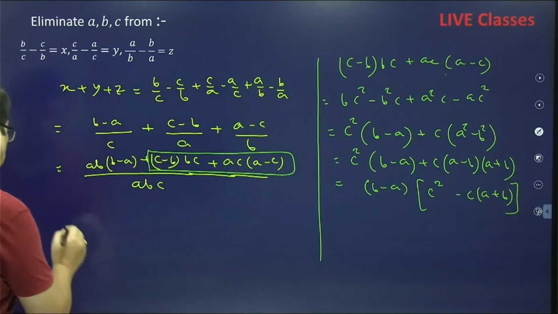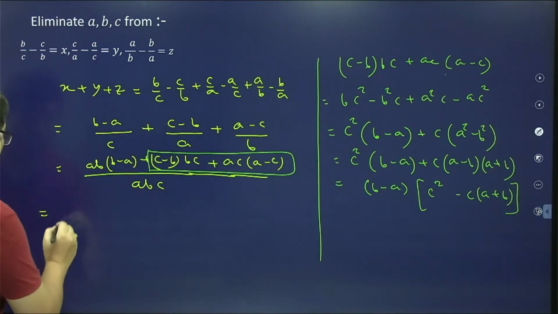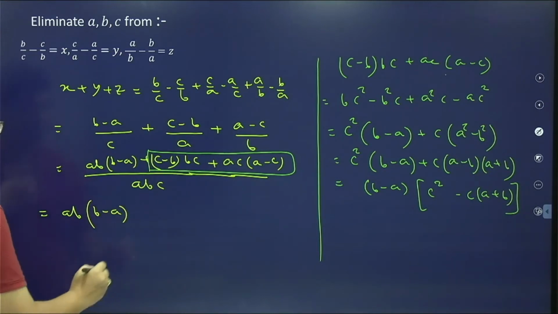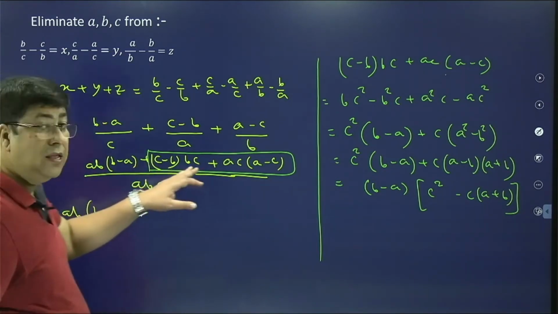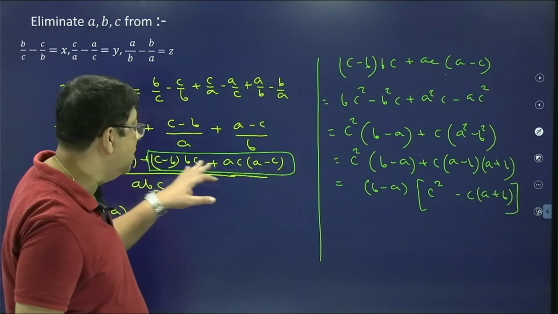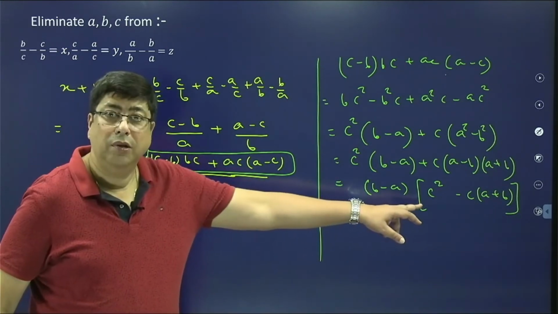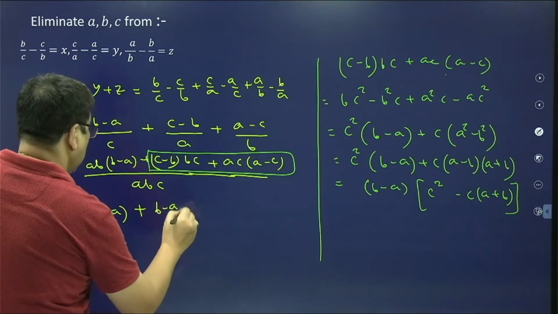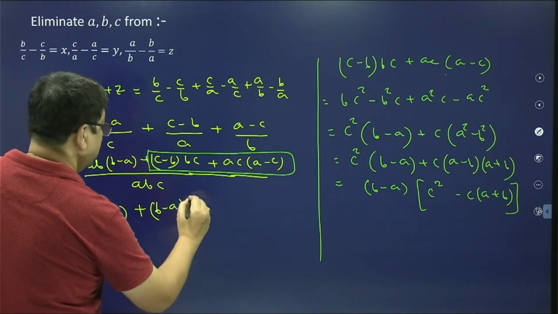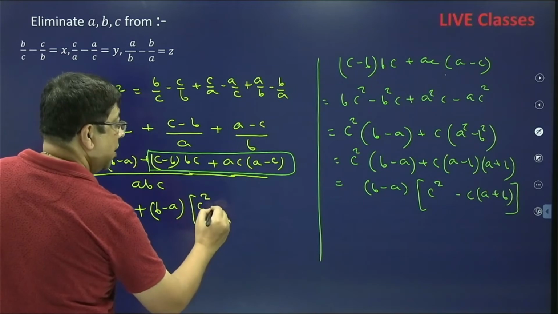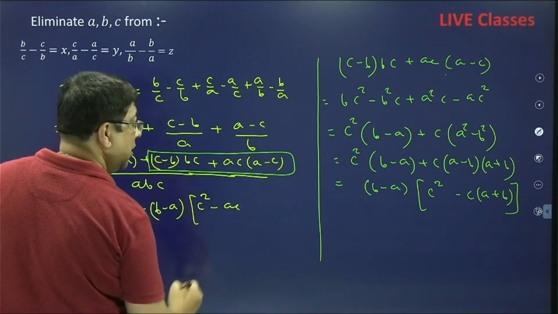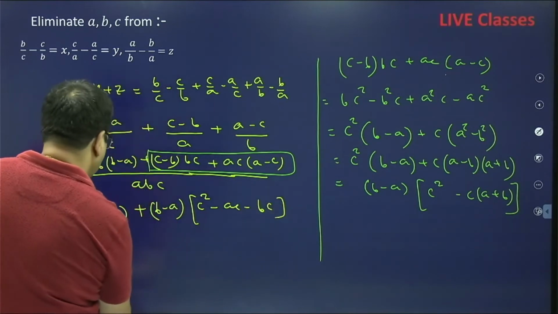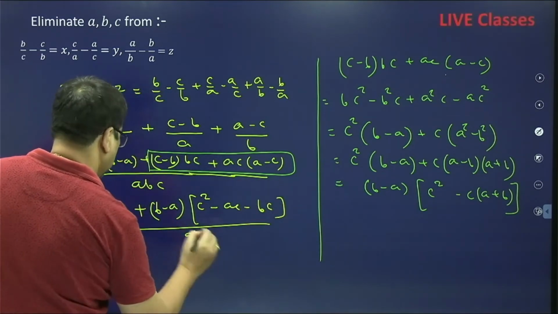Now I am putting in this portion. So finally the result is coming to be ab into b minus a plus, in this place I am putting this portion, that is b minus a into c square minus ac minus bc, total divided by ABC.